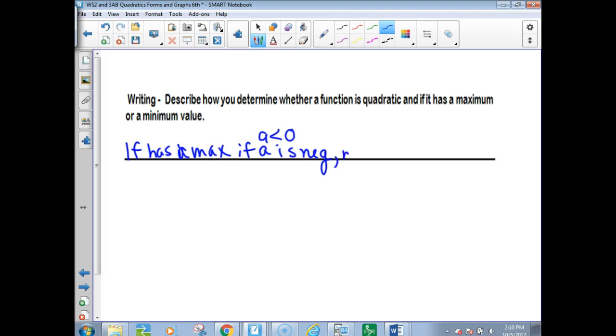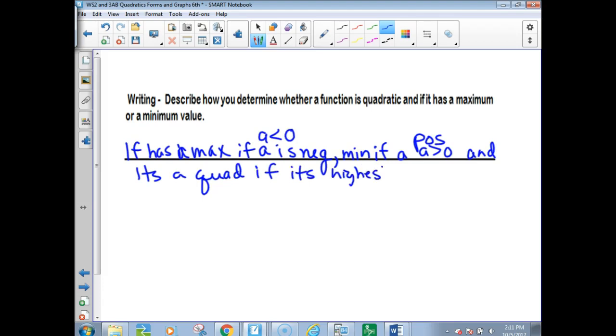It has a min if a is greater than 0, or positive, and it's a quadratic if its highest power is 2, or in the form y equals ax squared plus bx plus c.